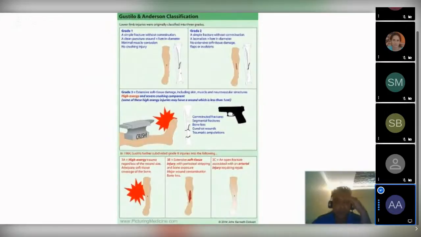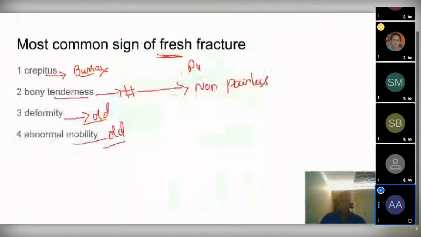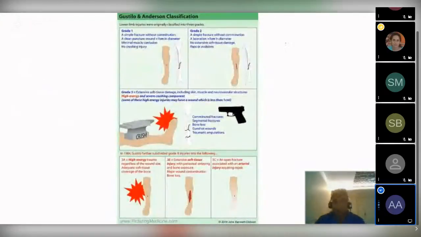Okay, this is one more important thing you should understand in fractures. Compound fractures are classified based on the Gustilo-Anderson classification. I have a few slides which will make you remember it thoroughly, so that you will not be confused at all. Gustilo-Anderson is a classification for open fractures or compound fractures.